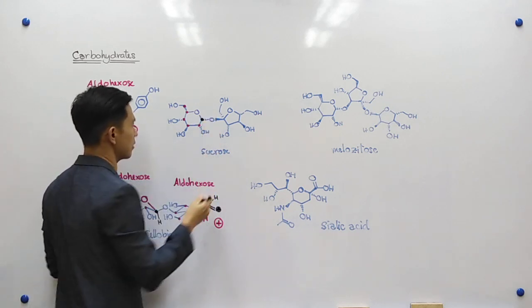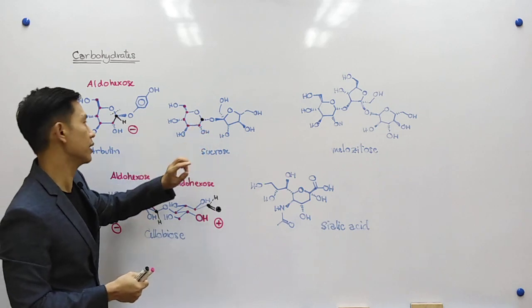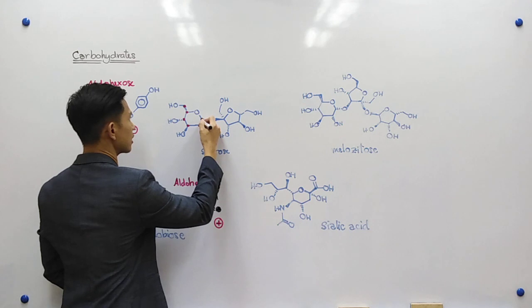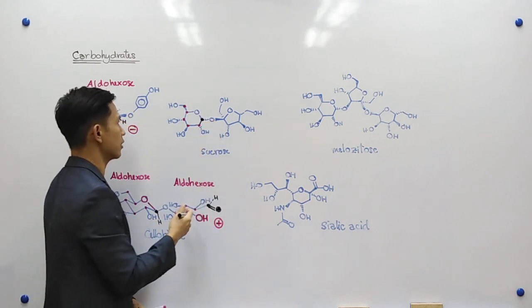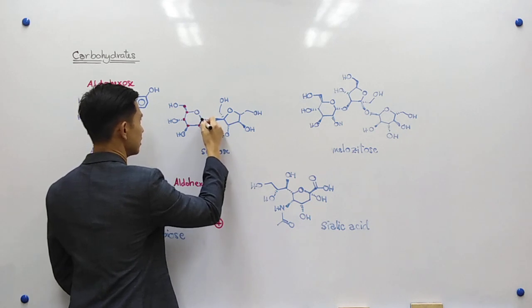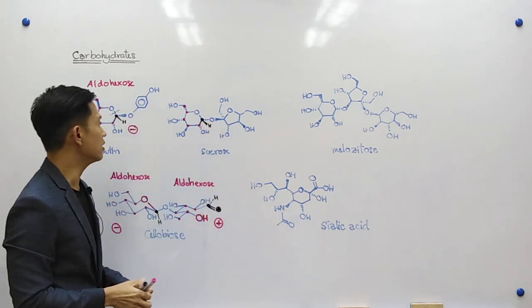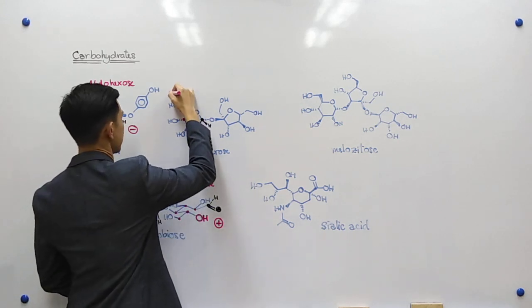The glycosidic carbon is now locked with two oxygen atoms. So this is the glycosidic carbon. One of the bonds is attached to a carbon atom in the ring, and the other is a hydrogen atom over here. As you can see, this is an aldehyde group. So this is aldohexose again.